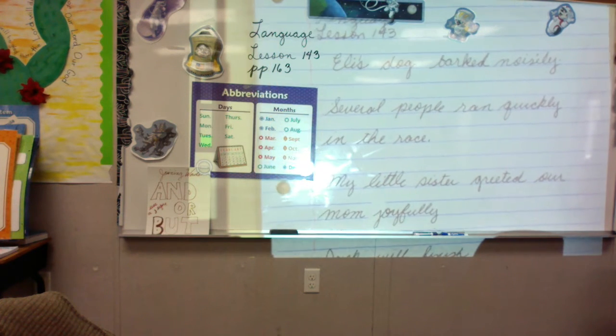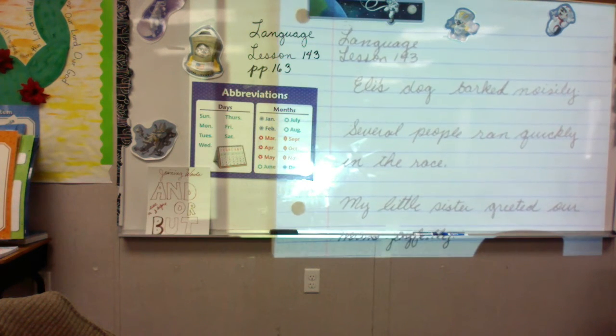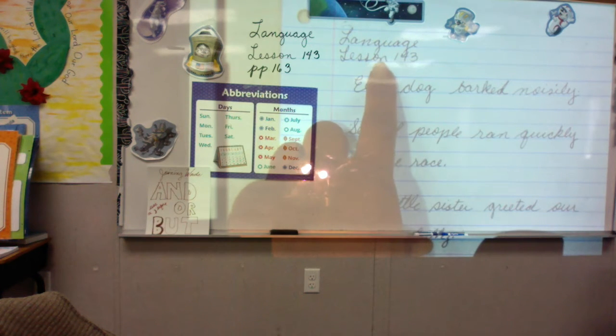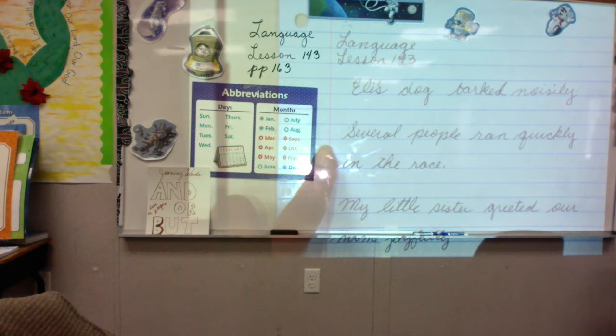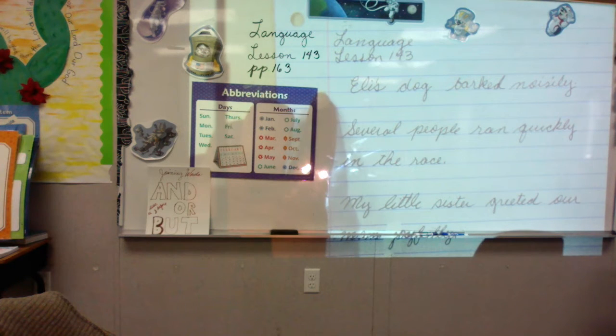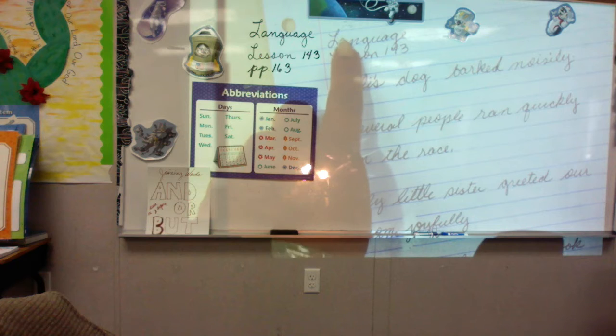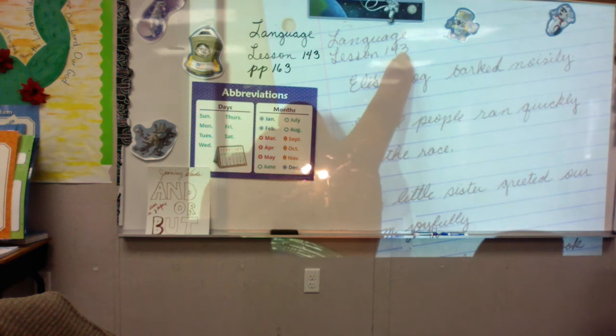So, sentence number 1. This is, I wrote my heading. My red line is towards my left hand. And I'm writing close to the margin. Language lesson 142.